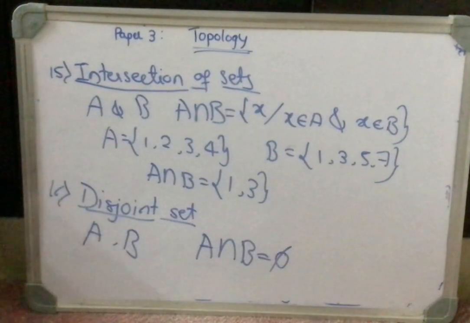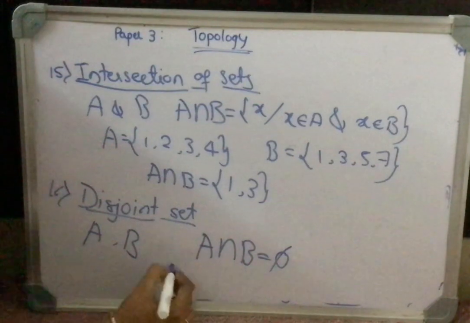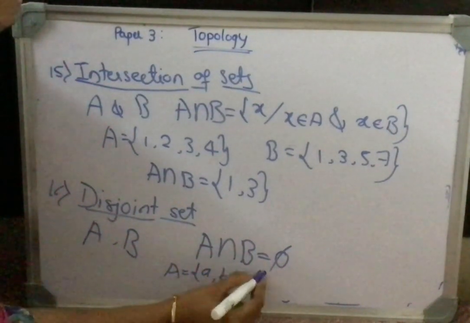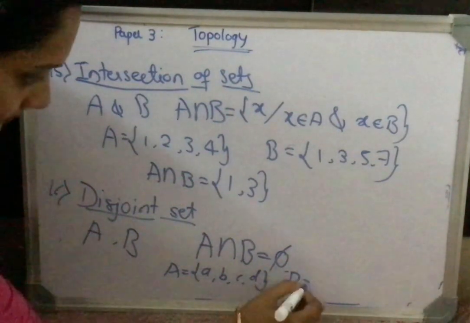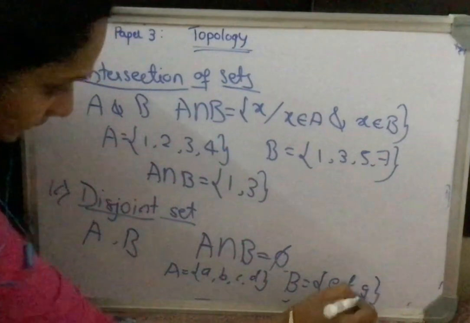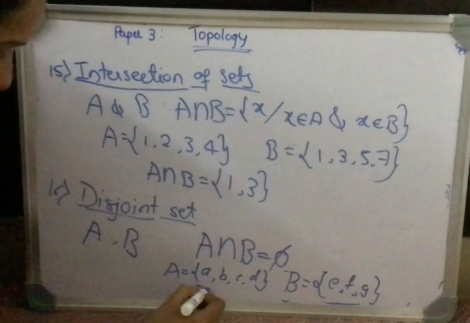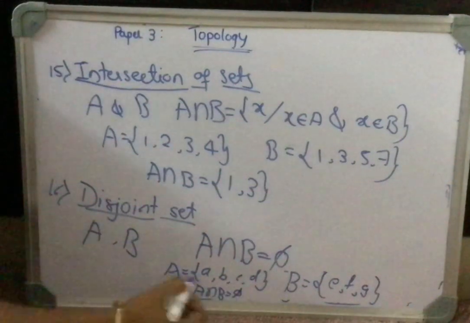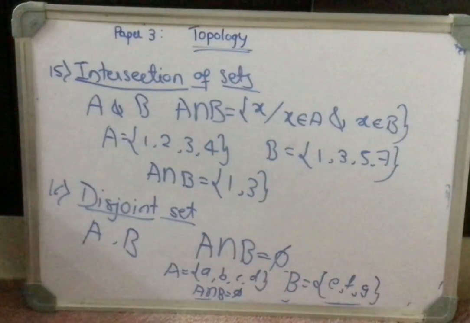Then we can say that the two sets are disjoint sets. Okay, so for example, A is equal to A B C D, B is E F G, then A intersection B will be a null set. Therefore, A and B are disjoint sets.